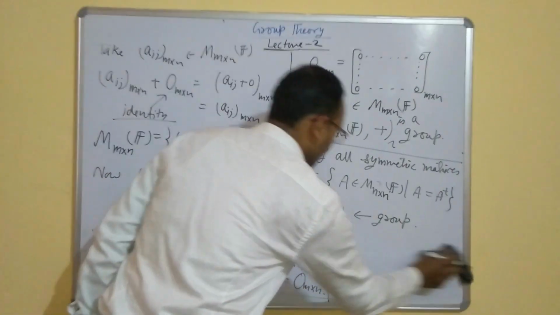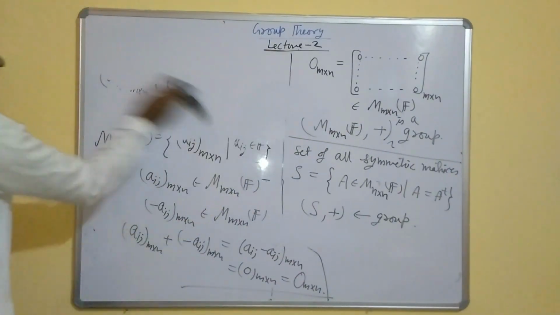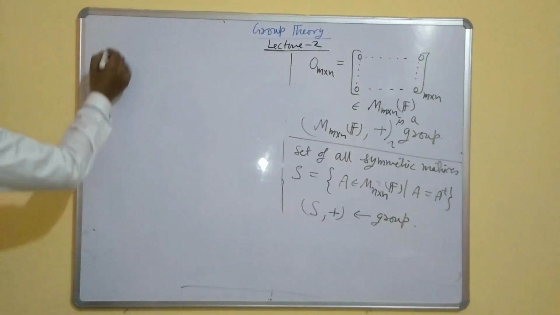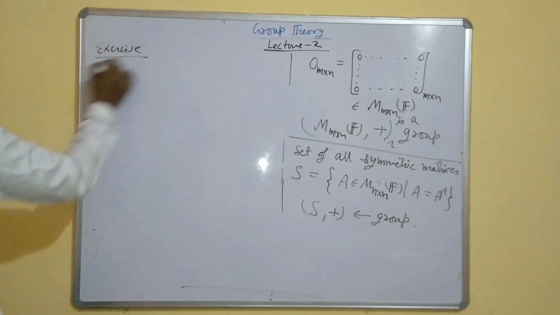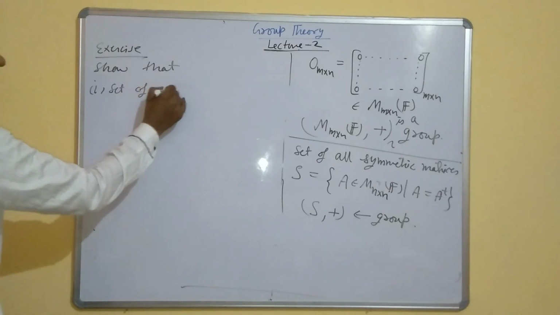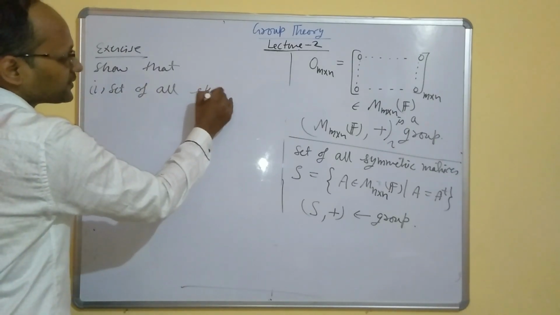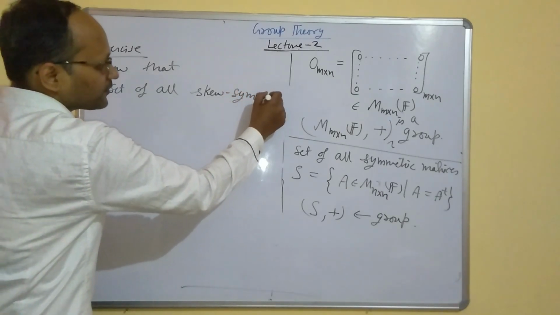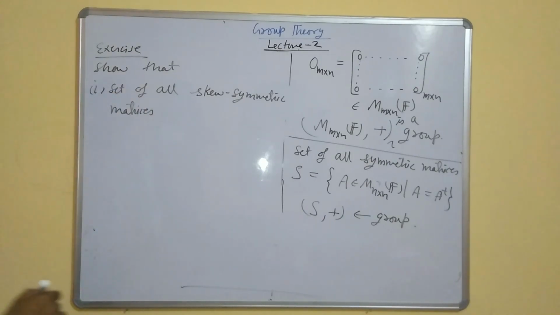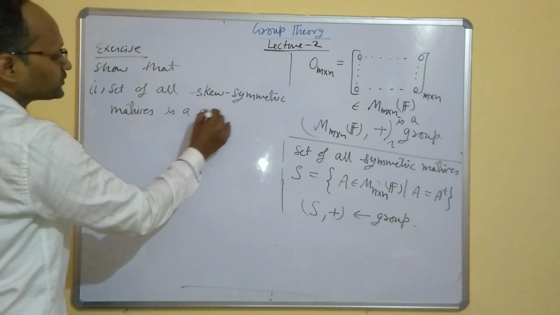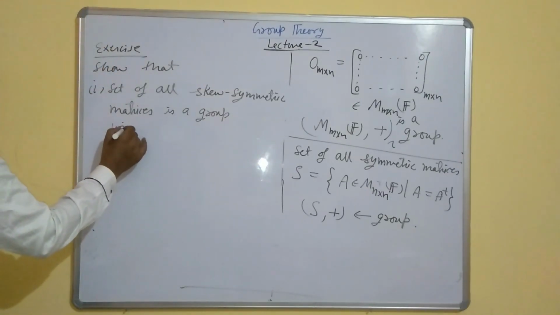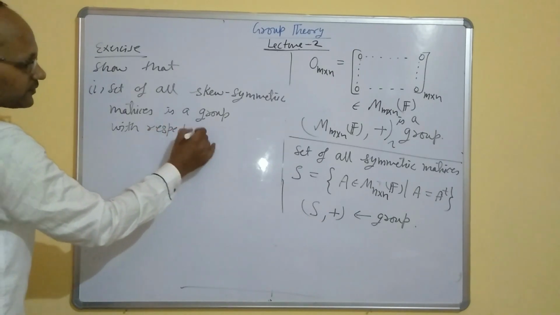So let me write it properly. Exercise: show that the first set, the set of all skew symmetric matrices, is a group with respect to addition.